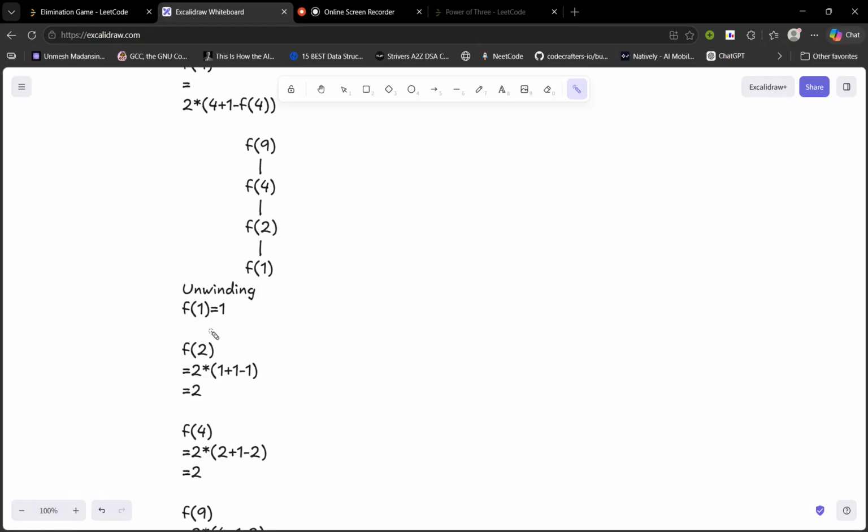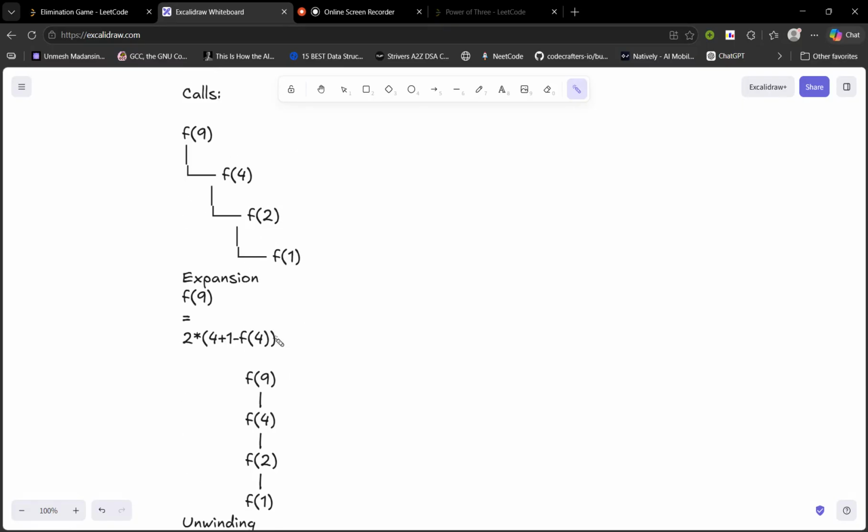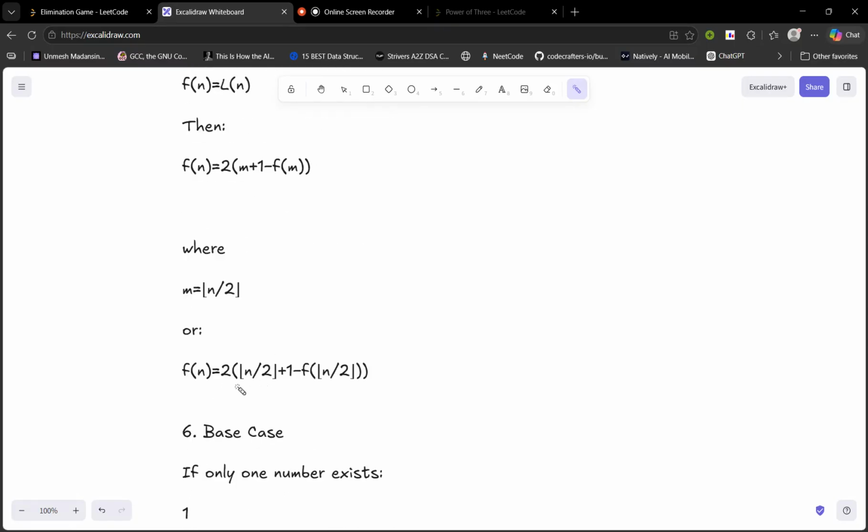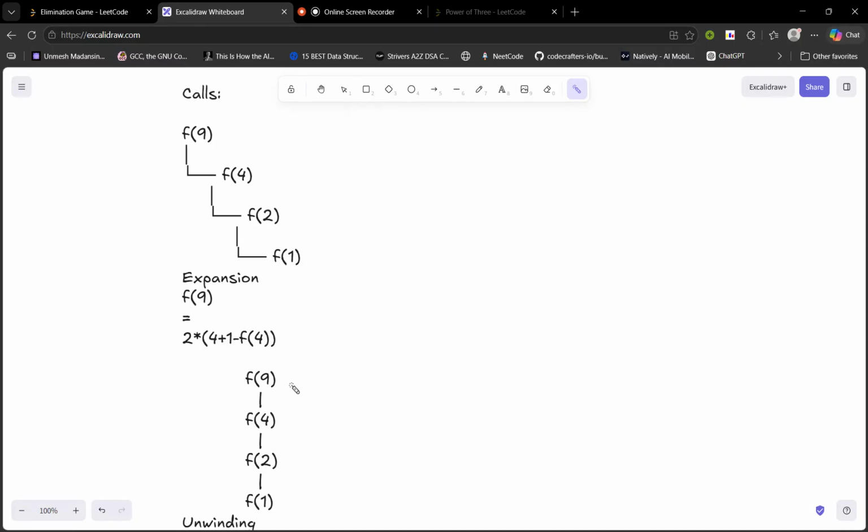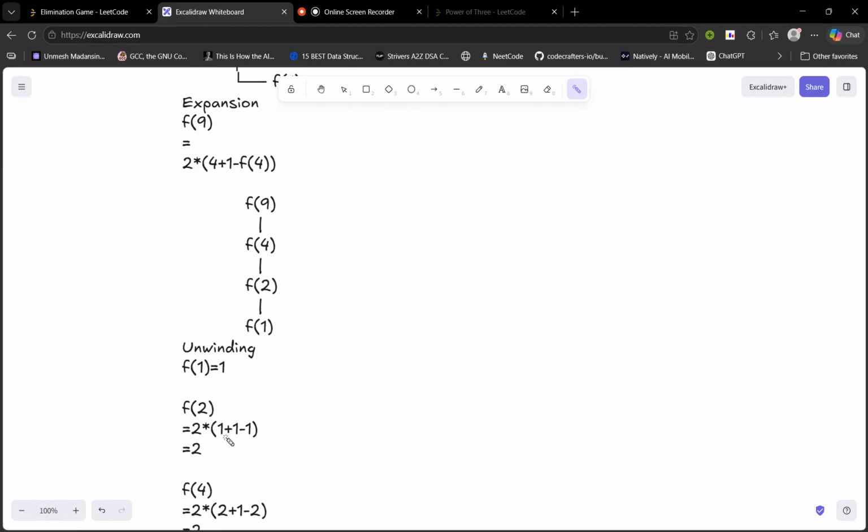Now when this returned 1, for f of 2 we calculate 2 into n by 2, so 2 by 2, plus 1 minus f of n by 2. So f of 2 by 2 was 1, f of 1 was 1. So 1 plus 1 minus 1, this is 2. So now this will return 2.